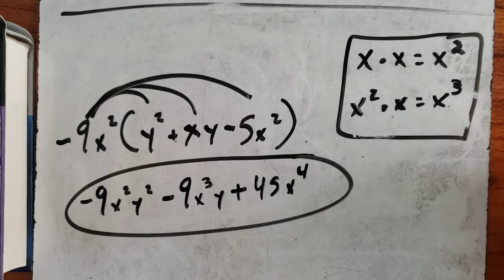Remember, adding the exponents. All right, so that's really all there is to this one. So we'll have this. Don't get freaked out about it. It's all good, okay? You got this.